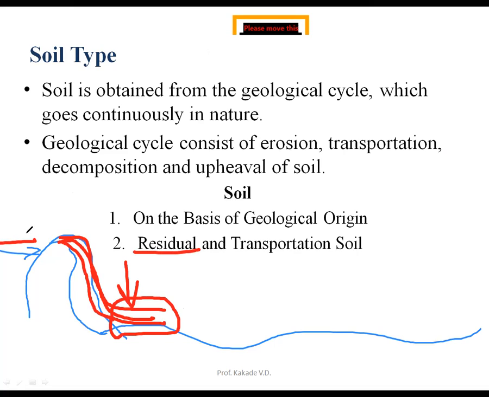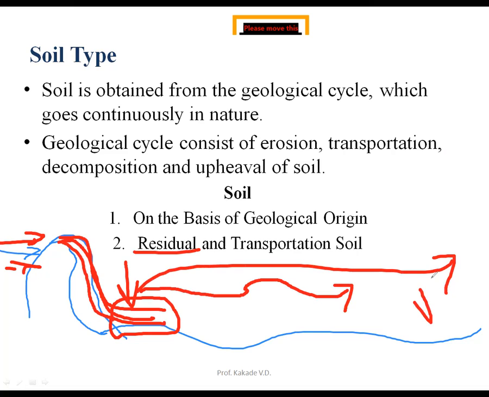Okay, but if there is wind blowing here, and that soil is transported due to the wind over a long area like here, then it is known as transported soil. Sometimes it happens like that: there is no parent rock near the area of a particular soil, but the soil was transported very far away from the parent position.